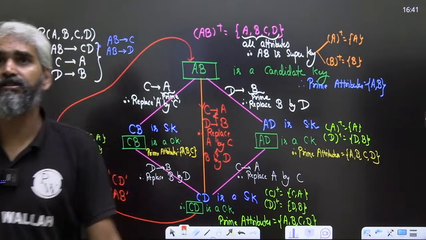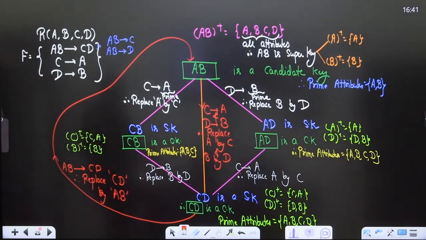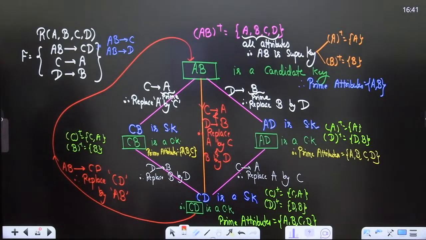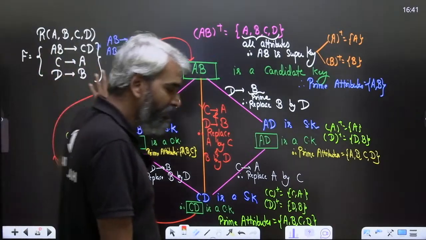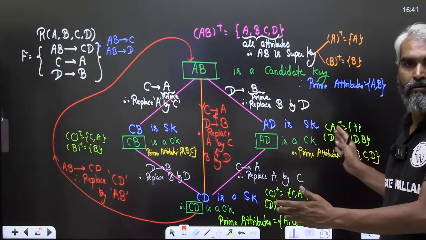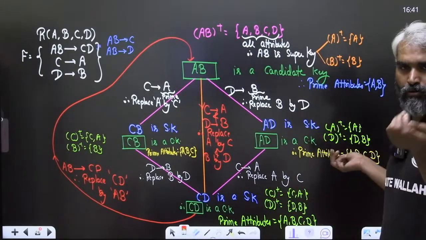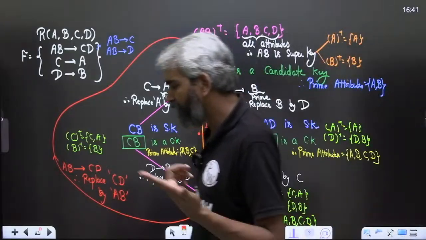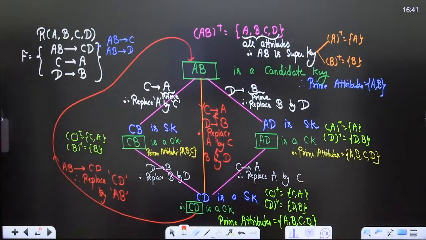So in the exam, should we do like this? You will have to do all these things even in the exam, but you will not write all of them. Therefore, the calculation of candidate keys will not take more than 30 seconds.